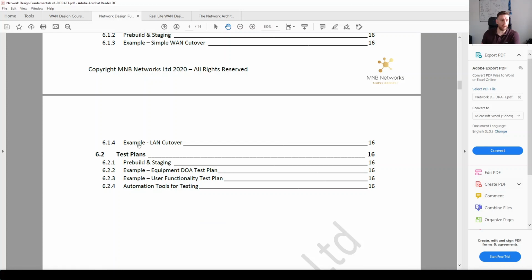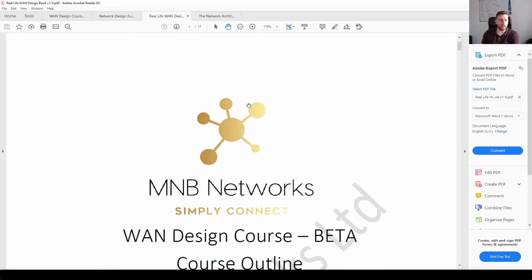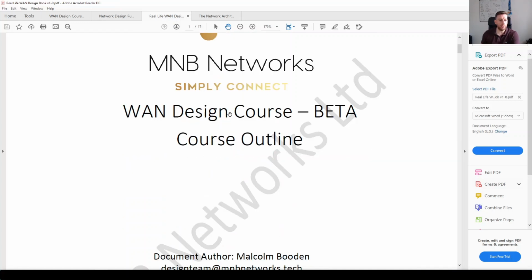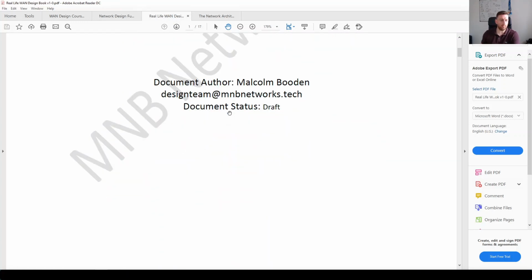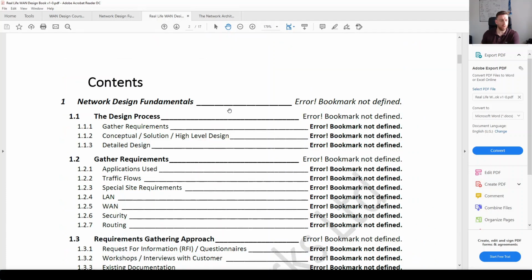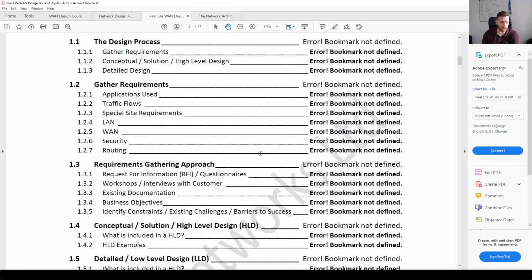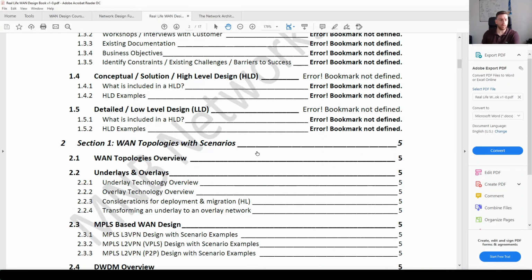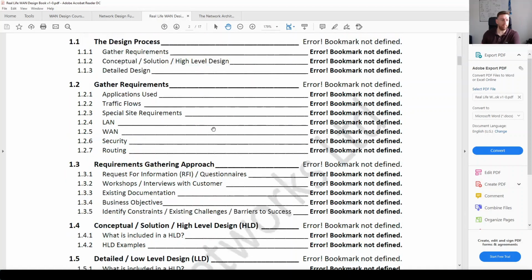The second book that I'll be publishing is Real Life WAN Designs, and this is going to be part of a series of books, hopefully, that I'm able to do. The contents table is messed up there, but don't worry about that, because I removed the network design fundamentals part.